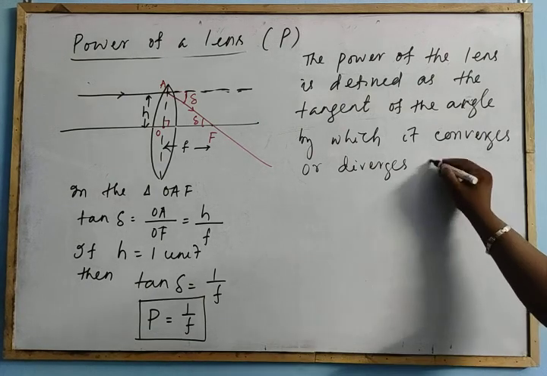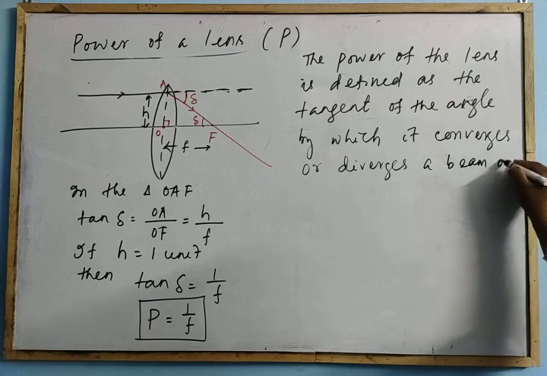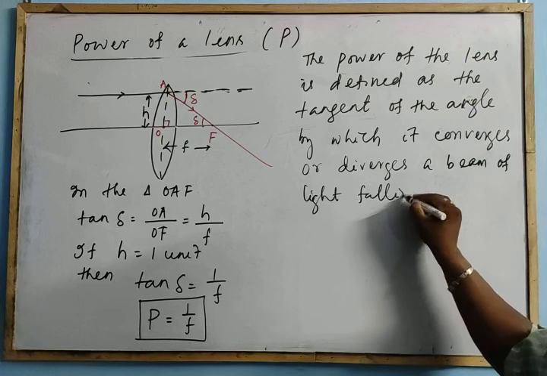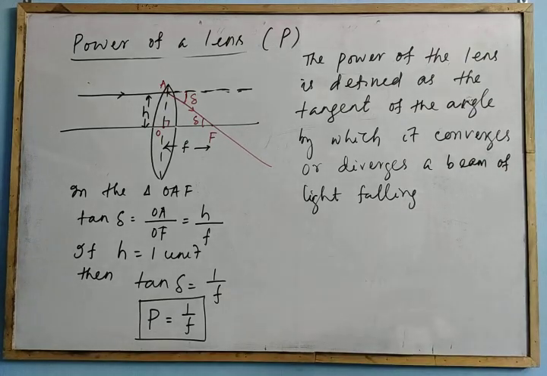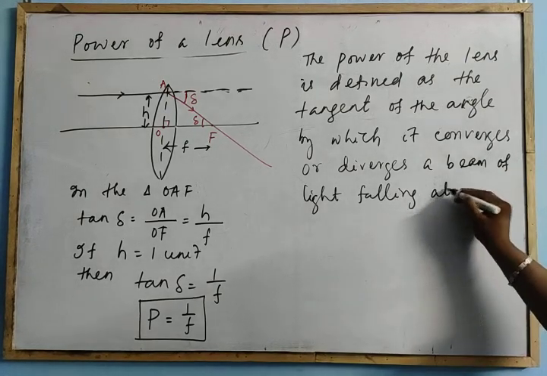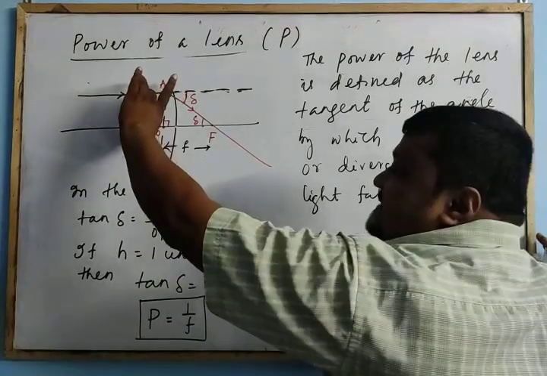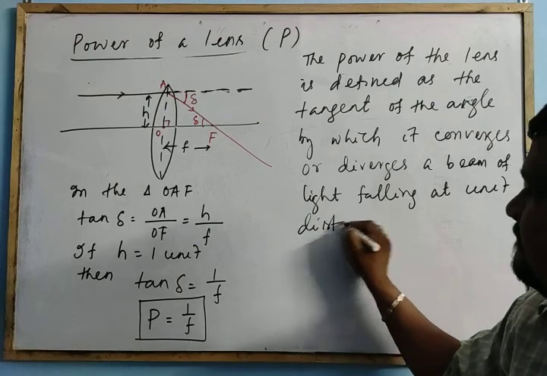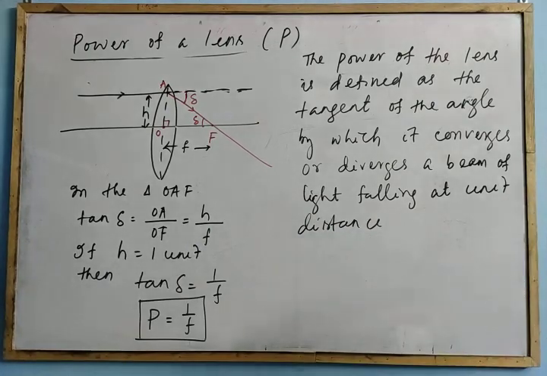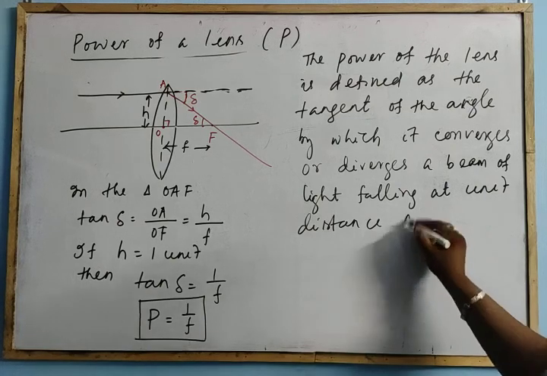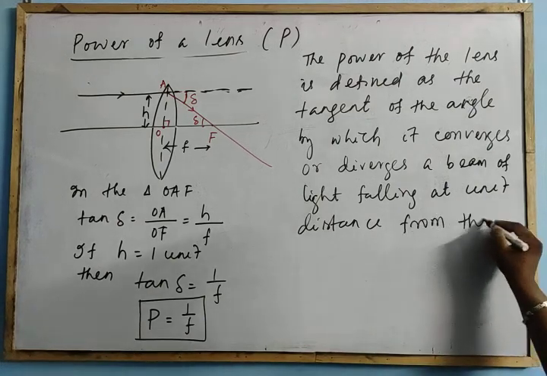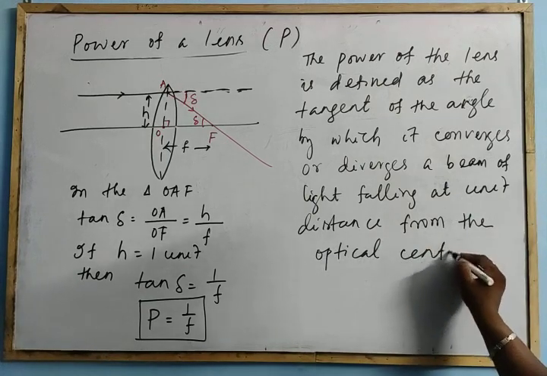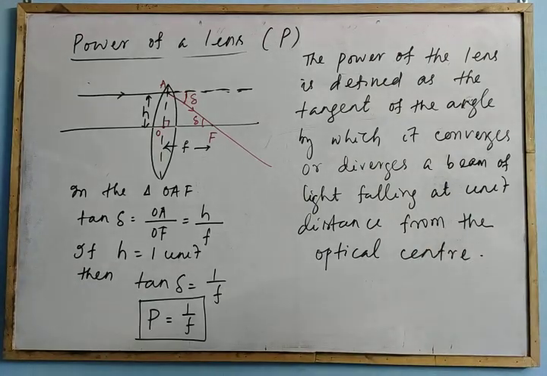A beam of light falling at unit distance from the optical center. Clear? So this is for convergent.